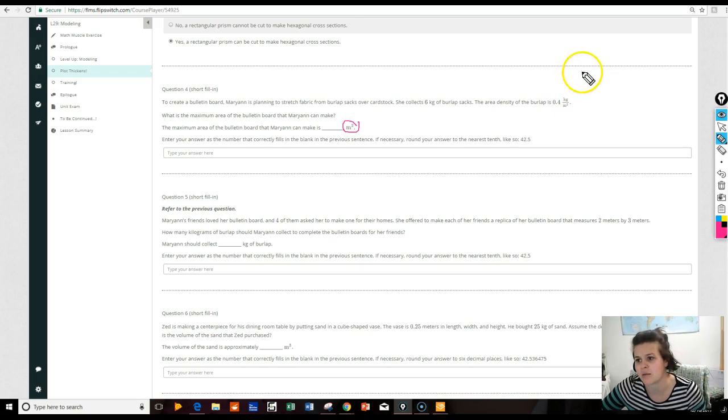So I'm going to set it up as 1 meter squared per 0.4 kilograms is going to equal an unknown amount of meters squared for 6 kilograms. So since we're solving for our x right here, I'm going to multiply both sides by 6 kilograms.